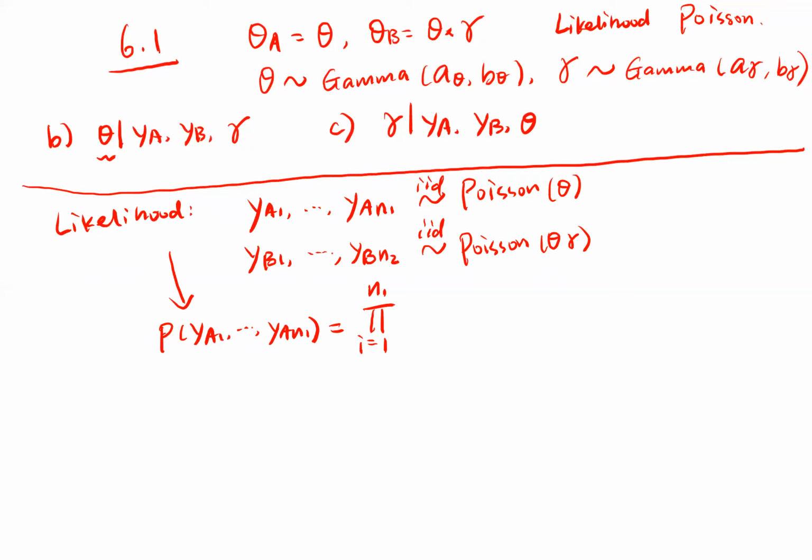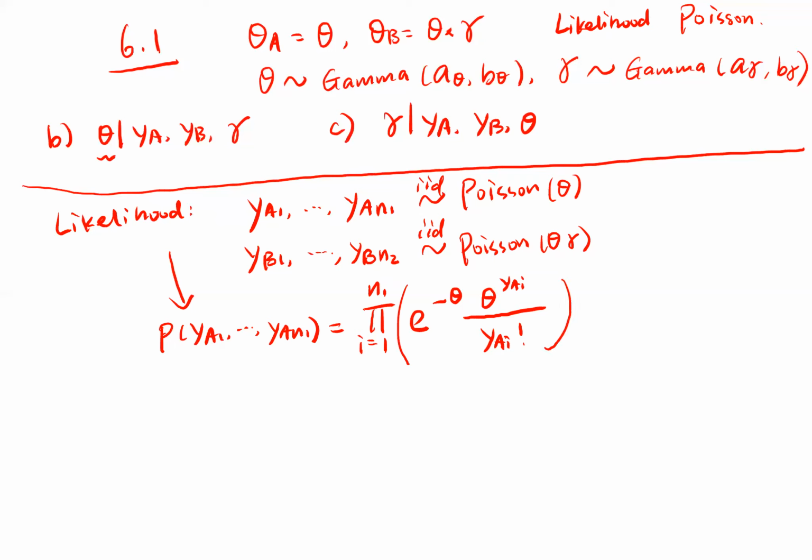So this will be e to the power of negative theta, and then theta raised to the power of YAi divided by YAi factorial. That's just the density from Poisson, okay? And I'm taking the product of all of them over here.